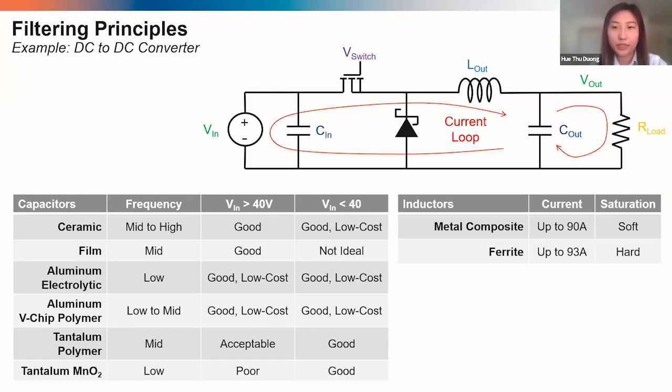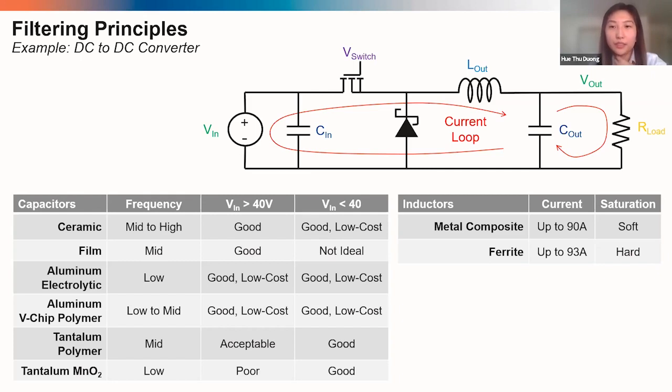Aluminum polymer handles frequency a little bit better than the wet electrolytics, and is also good across different voltages, and they're also cost effective. They also come in smaller form factors and have lower ESR.